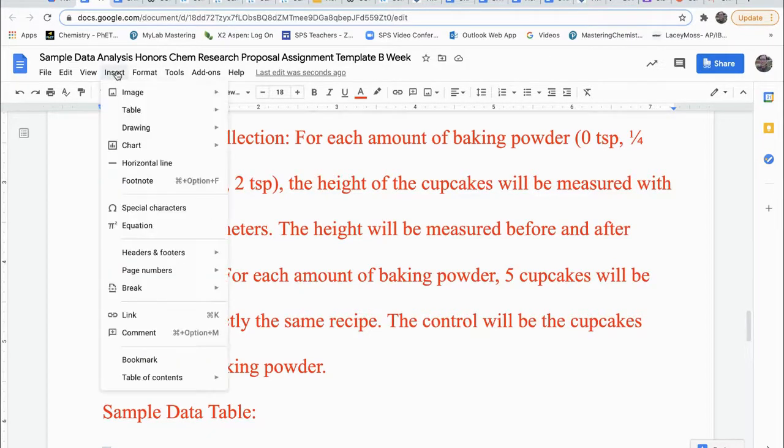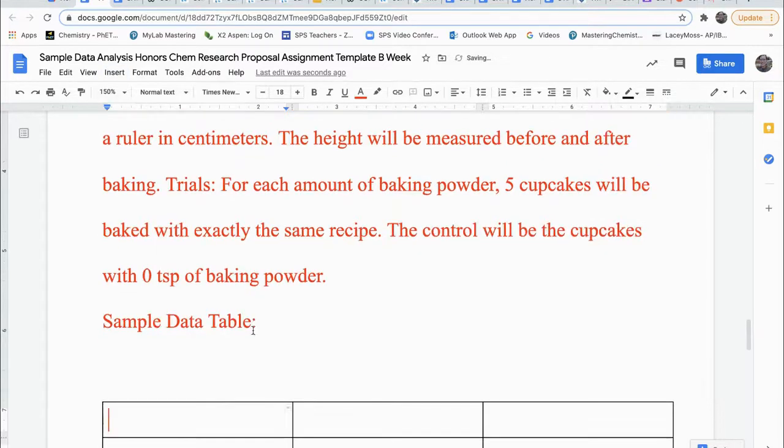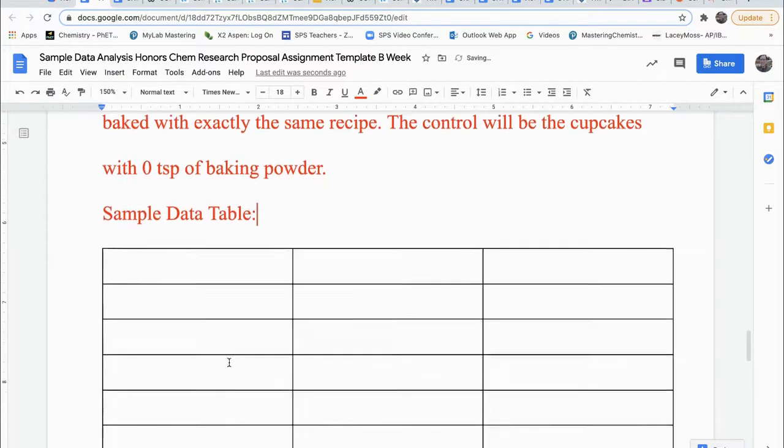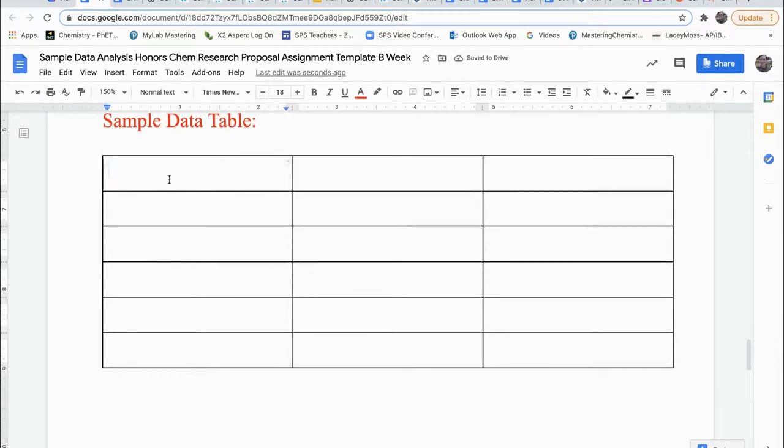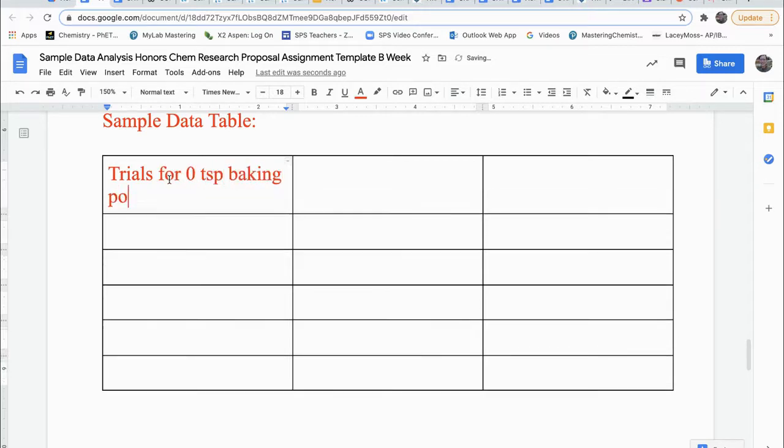So I'll insert a table, and I know I need at least 5 trials with a header row and then before and after. So there's my table. So I'm going to label these as my trials. And this is going to be for 0 teaspoons of baking powder.